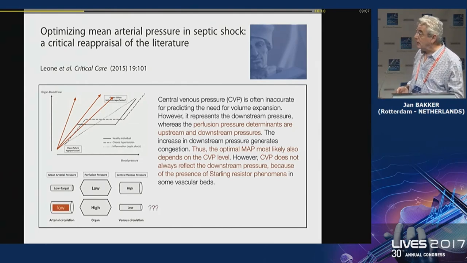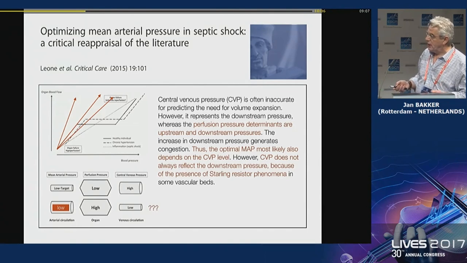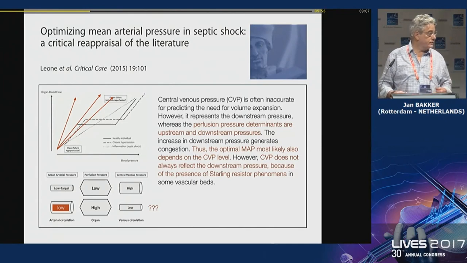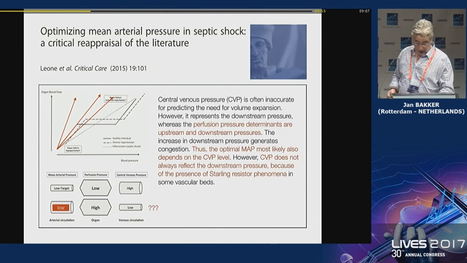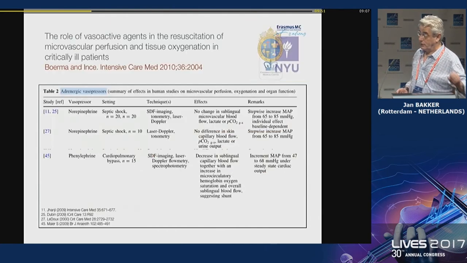And so I think the real question is not this high and low blood pressure, but do we indeed have a problem in the oxygenation of tissues when we have a low mean arterial pressure, when we keep venous pressure low and so don't cause venous congestion? And I think the answer is still not definitive.